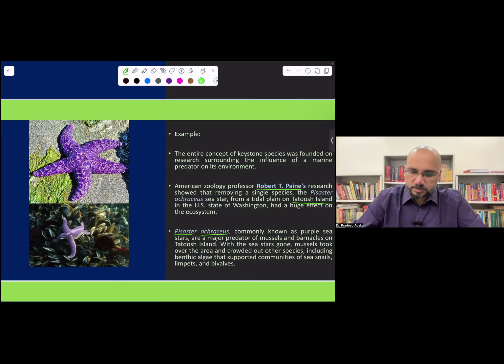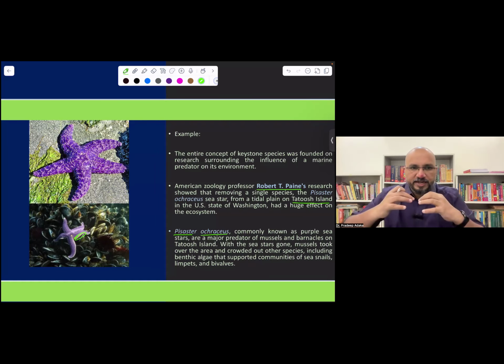At the base, you can see they have tentacle-like structures. Actually, these are called tube feet. Tube feet help in locomotion, in opening up the prey, and can be used for multiple purposes, locomotion and predation.